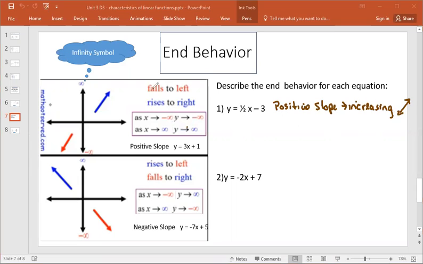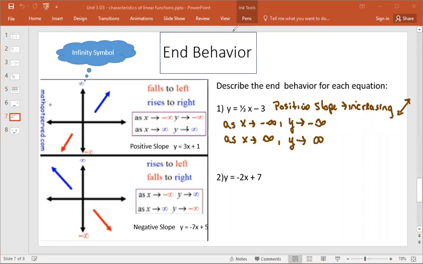Okay, that matches this top section. So as x approaches negative infinity, y approaches negative infinity. This is what we're talking about by describing. As x approaches positive infinity, y approaches positive infinity.